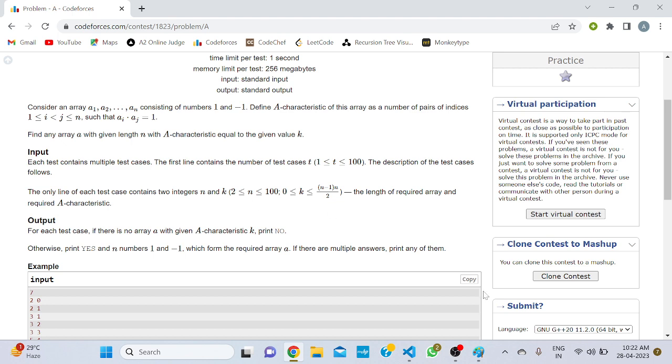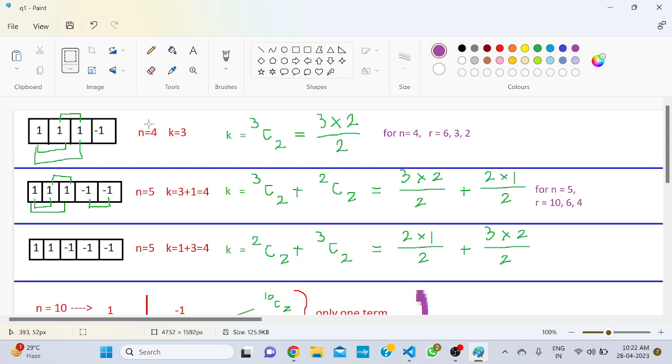So suppose let's take an array of size 4, n equal to 4 and k equal to 3. So here k equal to 3 means that there are total 3 pairs in this array whose product is 1. Suppose we take first one and second one. These two elements' product is 1. Suppose we take first one and third one.